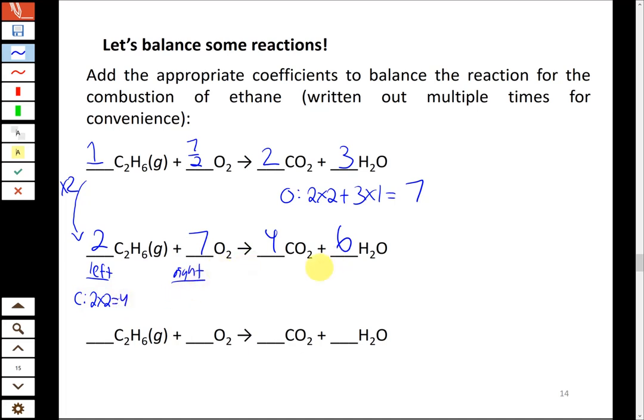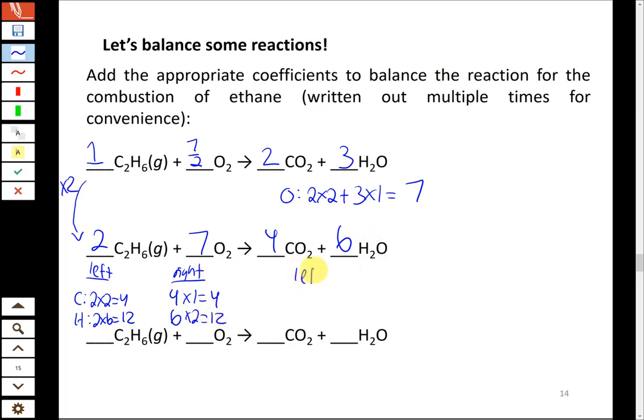On the right side, we have a coefficient of 4 in front of CO2 with 1 carbon in the formula, so that's also 4. For hydrogen, we have 2 times 6 in that reactant, which is 12. 2 C2H6, 6 hydrogens each. And then the product side, we have 6 waters. So coefficient of 6, the formula has 2 hydrogens in it, so 6 times 2 is 12. So 12 hydrogens on each side.